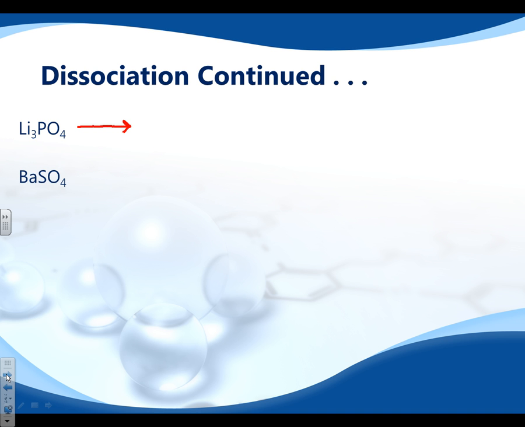Therefore, we can write a dissociation reaction. So in the presence of water, lithium phosphate is going to break up into that lithium ion, which is a +1, and that phosphate ion, which is a -3. But notice, +1, -3. They don't balance each other out.